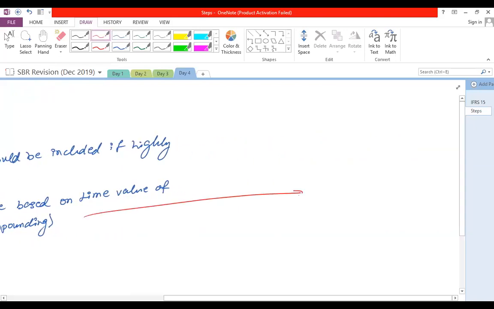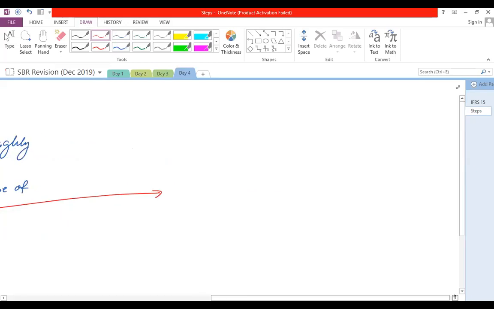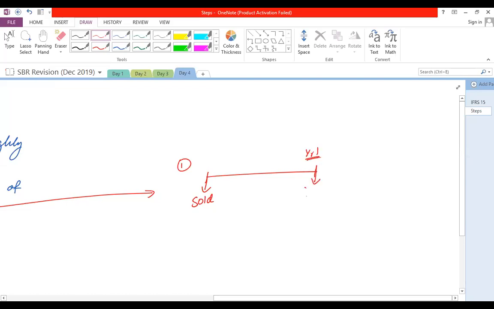If we talk about this, let's have two different examples. Example 1, let's suppose we sold the goods in year 0, and after 1 year we are going to receive the cash of $110 million. Let's assume a discount factor of 10%. This means in year 0, when we have sold the goods, we should be recording an entry as the receivables debit and the sales credit.